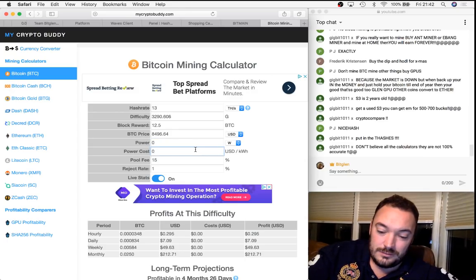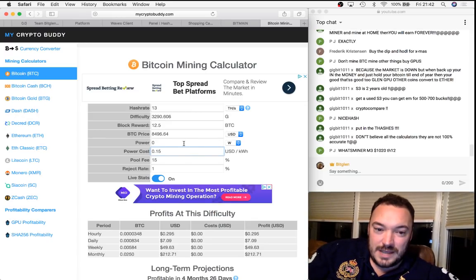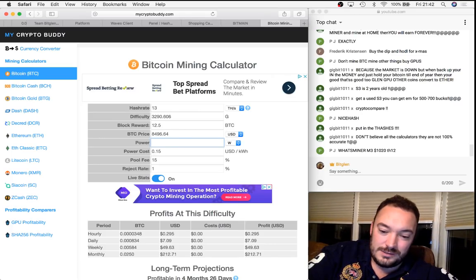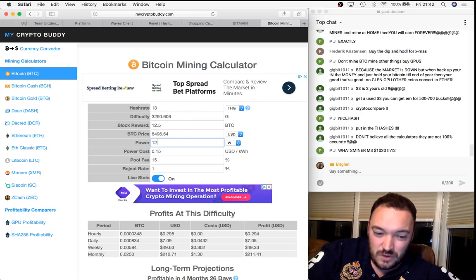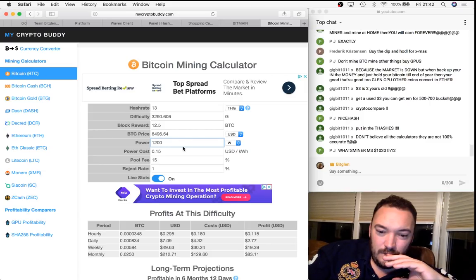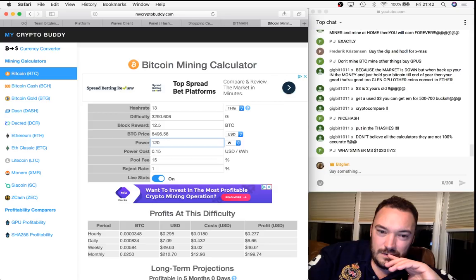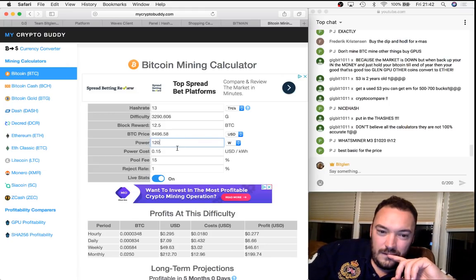The difficulty is at mining, Bitcoin price today, power costs. Let's say 0.15 cents. Power is what is it? It's like 1200, isn't it? Is it? No, is that? I can't remember.